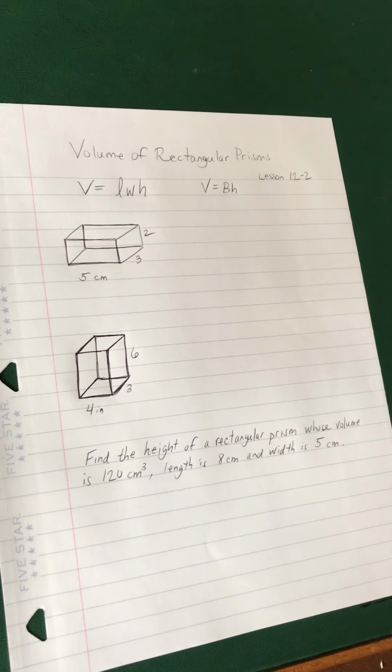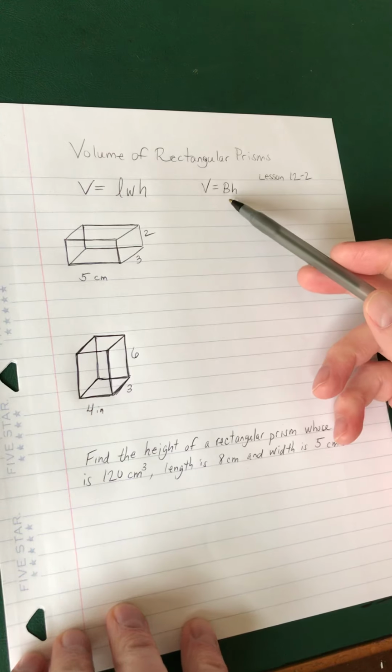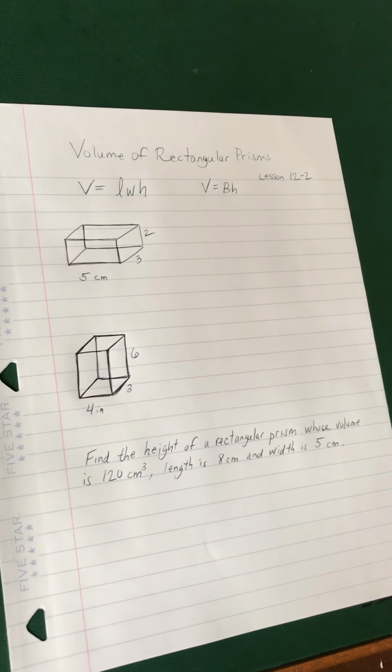And that's going to come just by multiplying length times width, which is going to give you the area of the prism's base. So hopefully you understand the relationship between area of a rectangle and then volume of a rectangular prism. So let's take a look at this first one here.